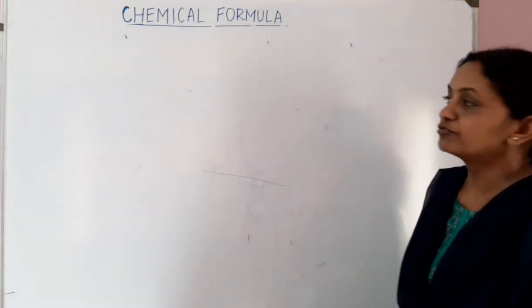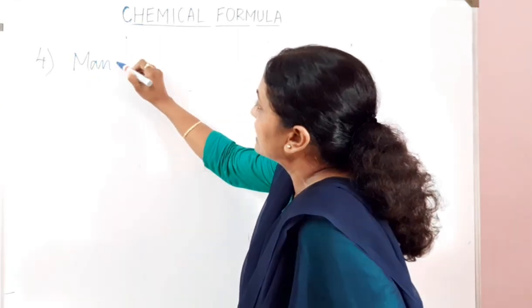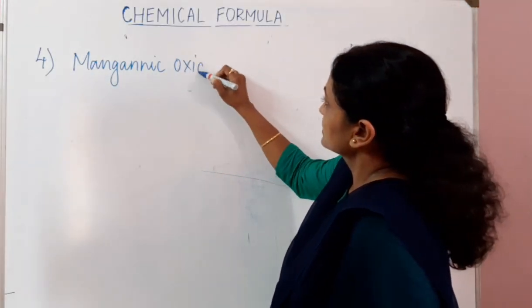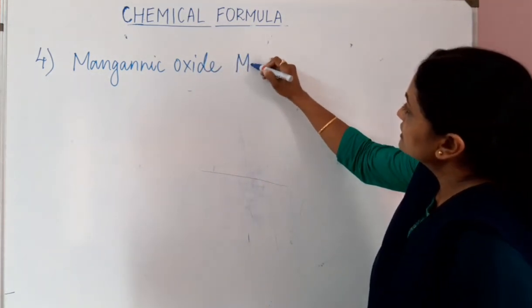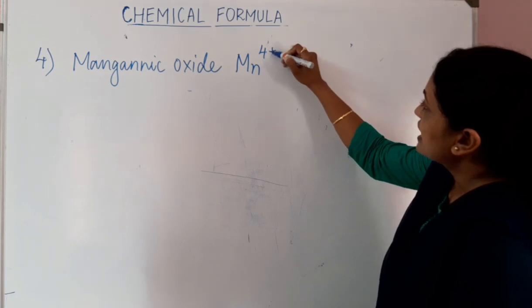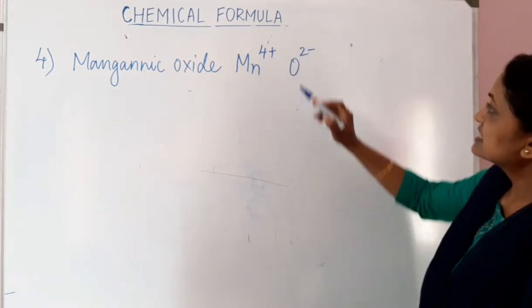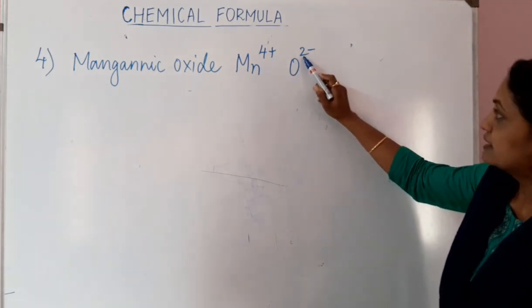For rule number 4, the best example is manganic oxide. Manganic is Mn 4 plus and oxide is O 2 minus. Have you noticed that both these charges are multiples?